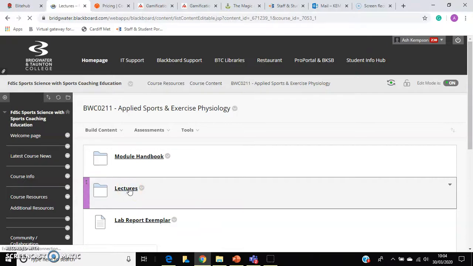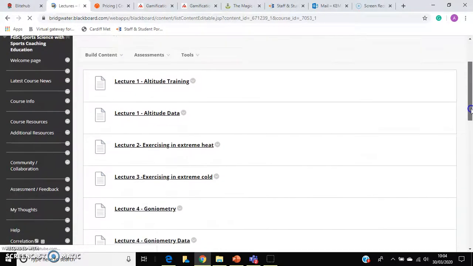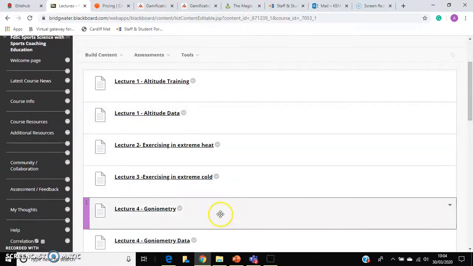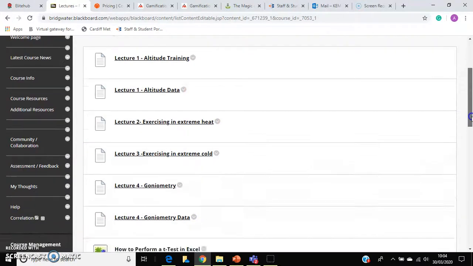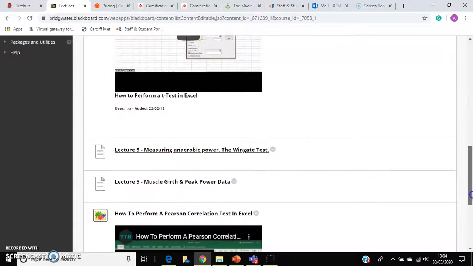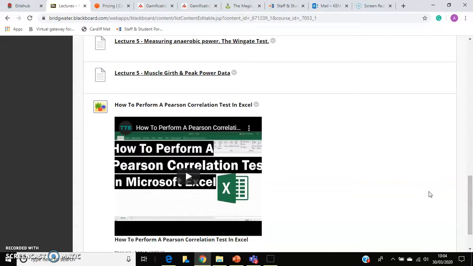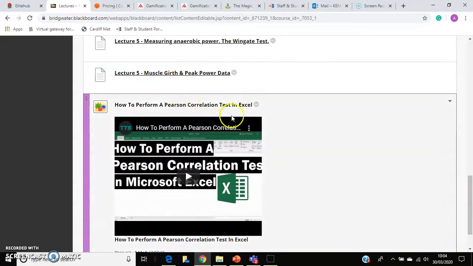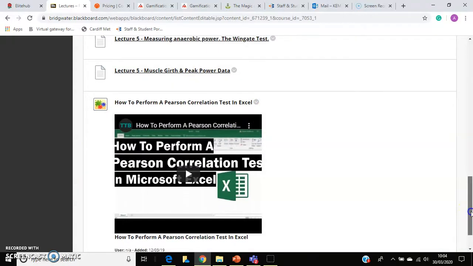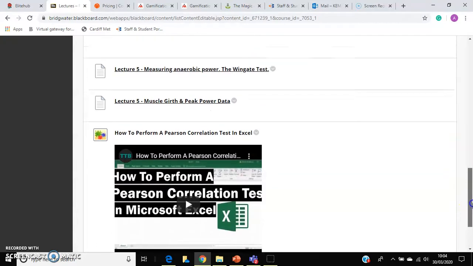If you go to lectures, you've got your data, so your altitude data is there, your goniometry data is there, and then you've also got your muscle girth and peak power data there as well. And again, with peak power, you're going to need a correlation, because that's what you're testing. Is there a relationship between muscle girth and peak power?